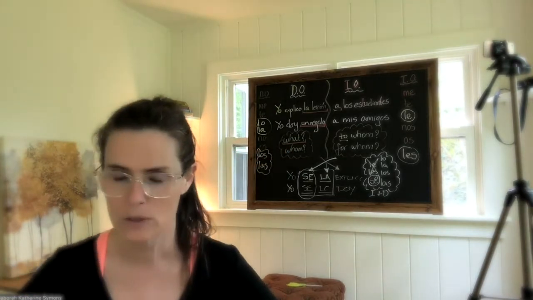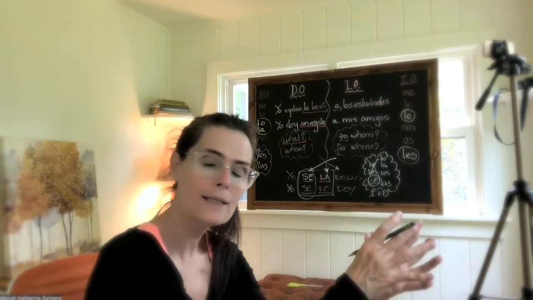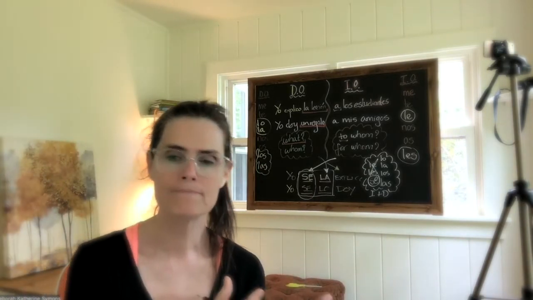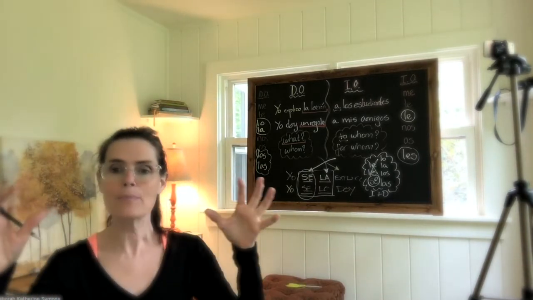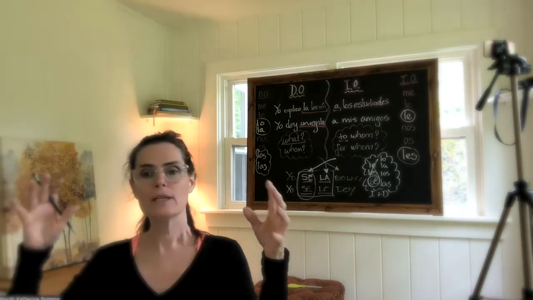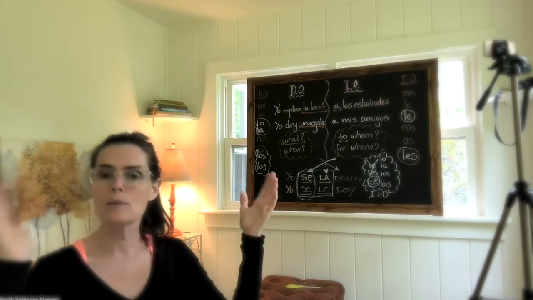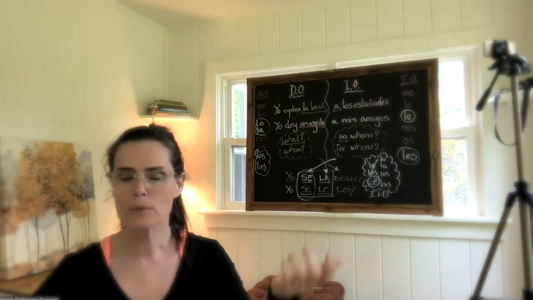I'm going to explain to you in a minute. Then you know the indirect, that was to whom or for whom. Now, this was in separate sentences, and you didn't have to worry about substituting these object pronouns and putting them together. Today, we're going to put them together.